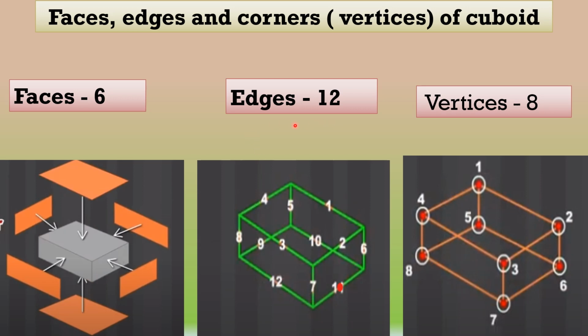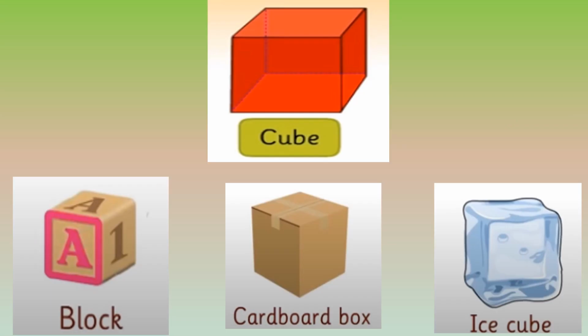It has 12 edges. Now count vertices. 1, 2, 3, 4, 5, 6, 7, 8. It has 8 vertices. Hence, cuboid has 6 faces, 12 edges and 8 vertices.